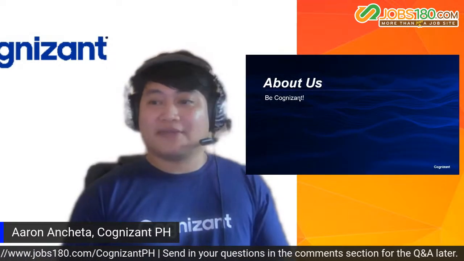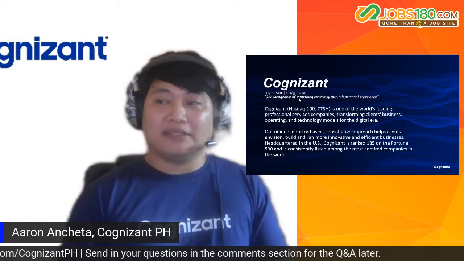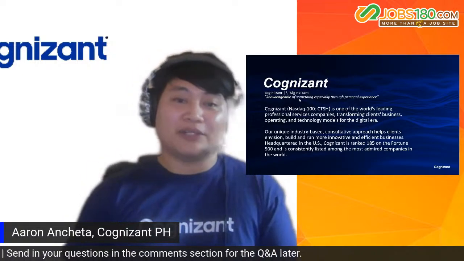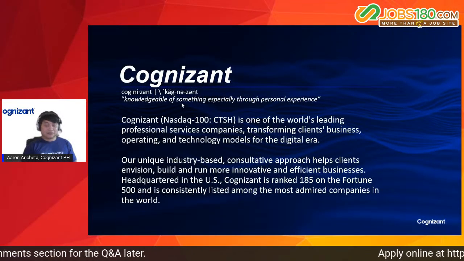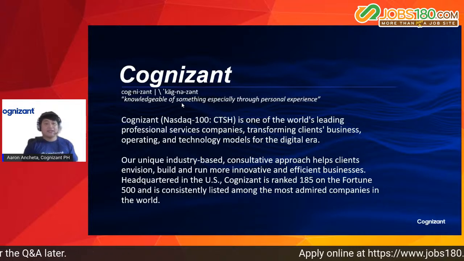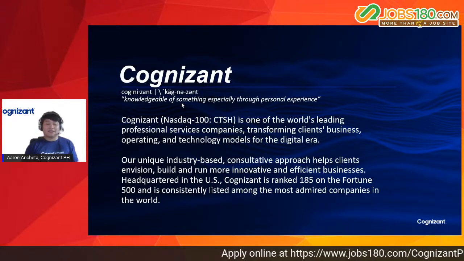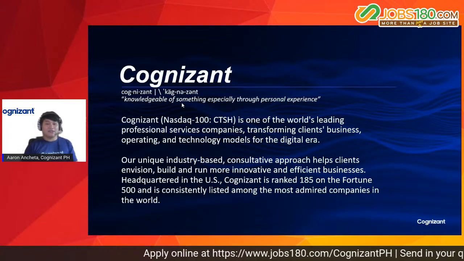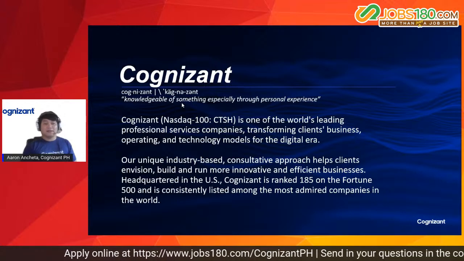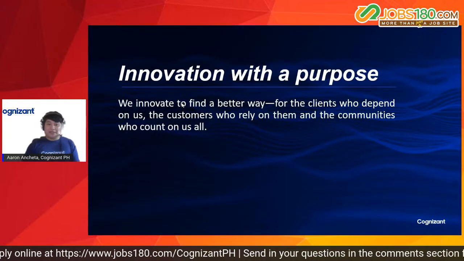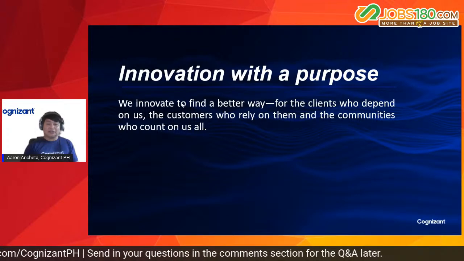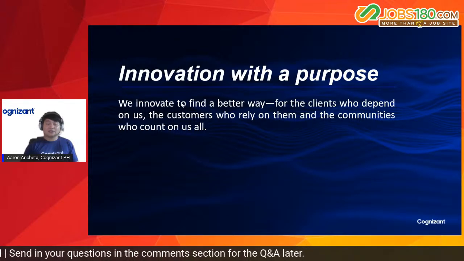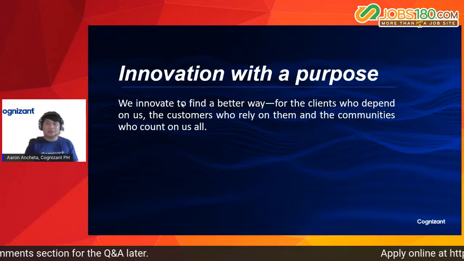Let me first discuss our company. Cognizant is one of the world's leading professional services companies, transforming clients' business, operating and technology models for the digital era. We innovate to find a better way for businesses who depend on us, the customers who rely on these businesses, and the communities who count on us.